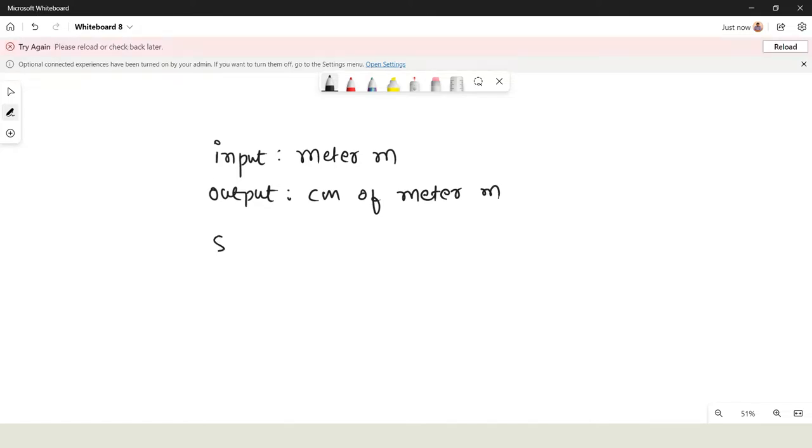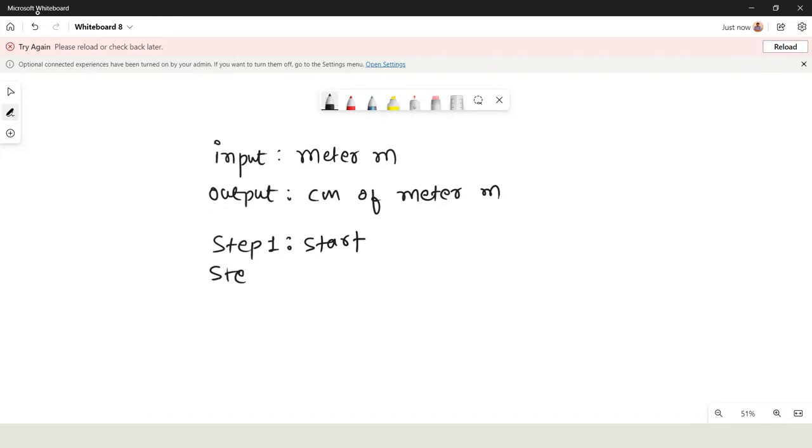Let's write the solution. Step 1. What is step 1? Start. Step 2. Read meter m. Step 3.